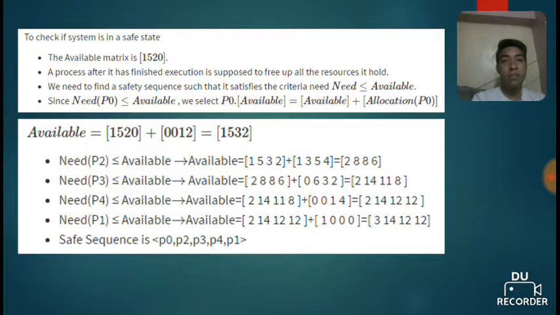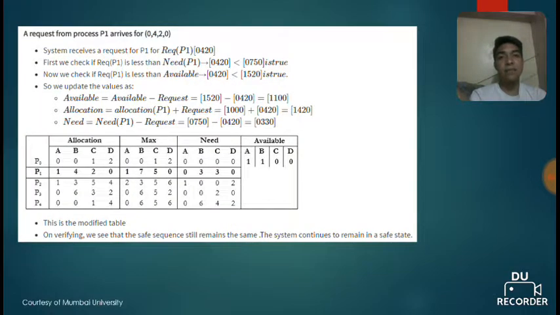So the safe sequence is P0, P2, P3, P4, and P1. In conclusion, we have a safe state. Now let us proceed to question number 3.